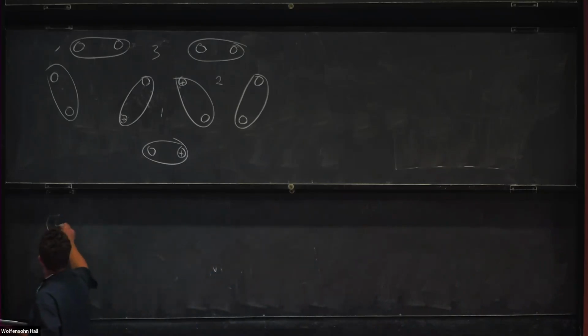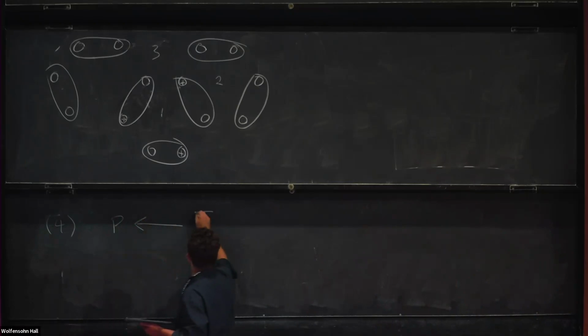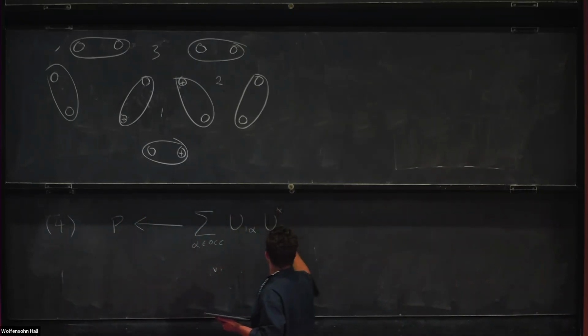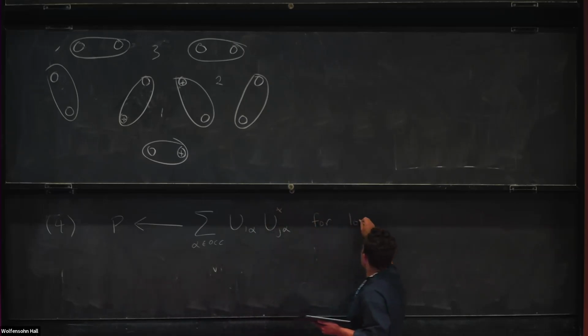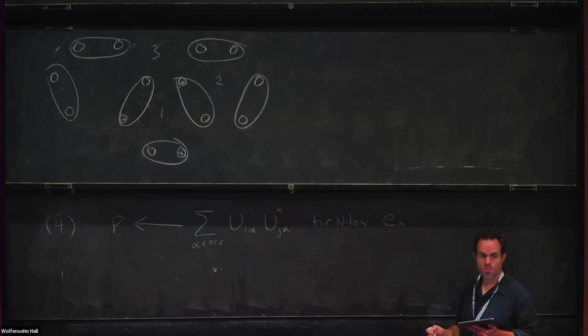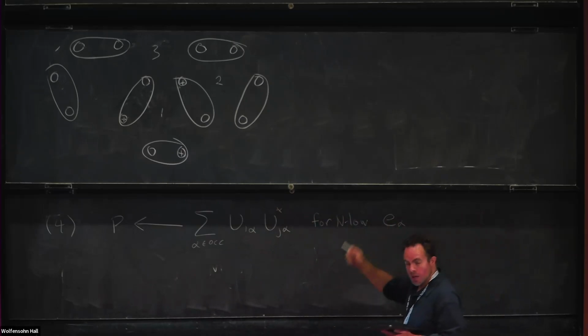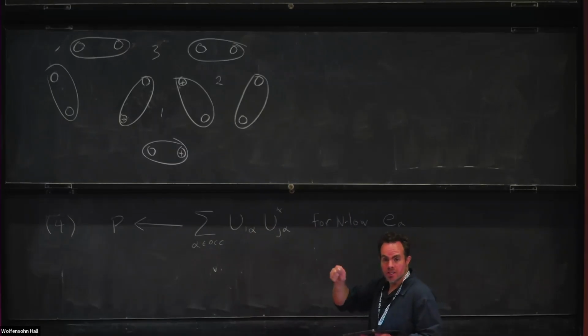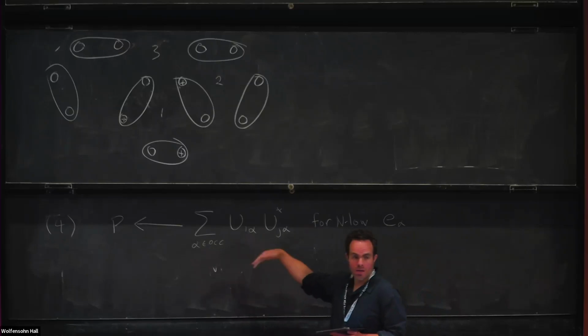So step 4, you update P to be equal to the projector onto the n lowest E alpha. As you do this, you tend to find that the energy goes down, and eventually you achieve a fixed point where when you do this step 4, you just come back to itself.